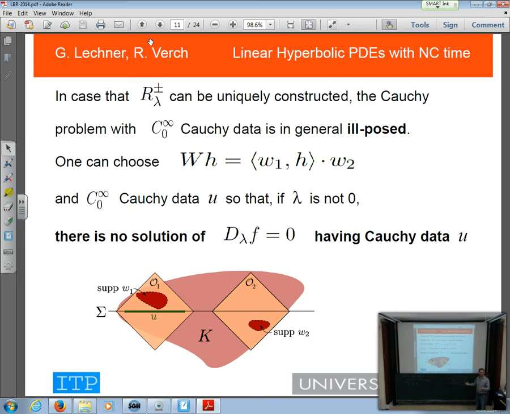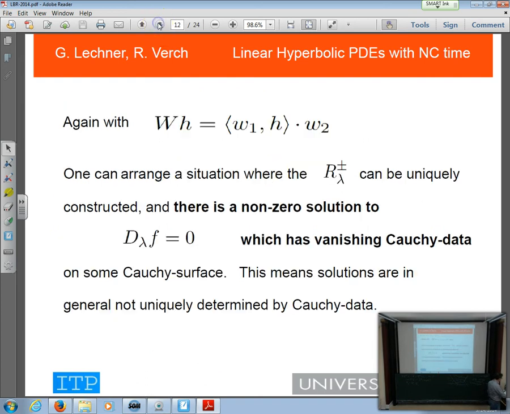Yeah, so that acts non-locally. And now you can arrange Cauchy data and these functions W1 and W2 in such a way that you can show that no matter how small lambda is, there's no solution of this perturbed partial differential equation which has these C0 infinity Cauchy data. So this is an example where the Cauchy problem cannot be solved.